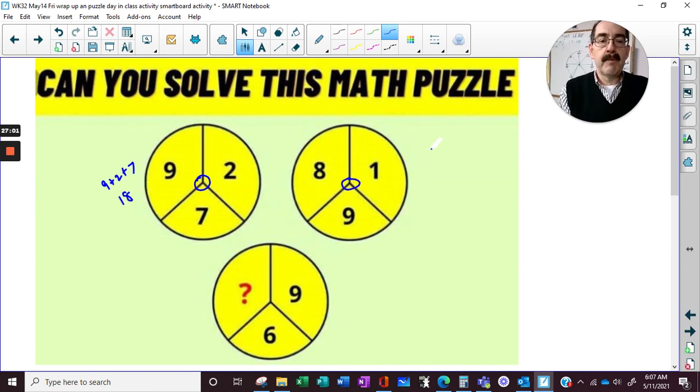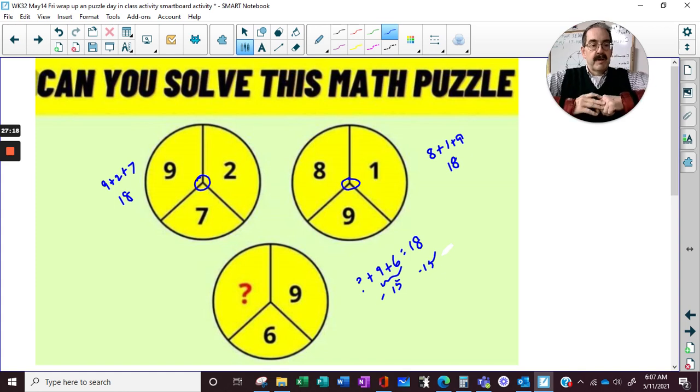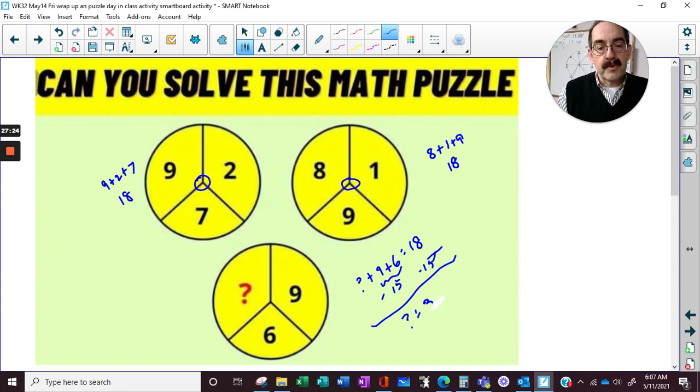The only thing we came up with for a pattern was 8 plus 1 plus 9, 18. So then question mark plus 9 plus 6 is 18. That's 15. So we subtract 15 from both sides. Remember, keep the equation balanced. Shovel, shovel. And question mark is 3.